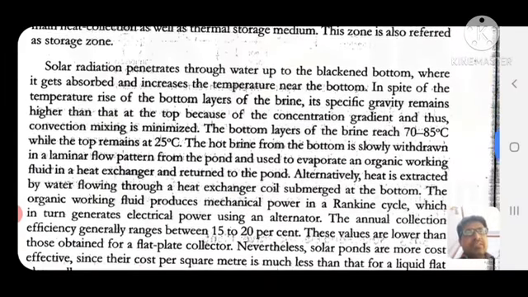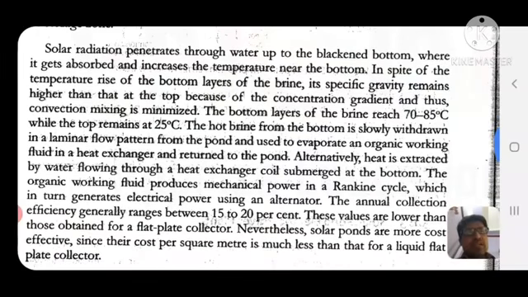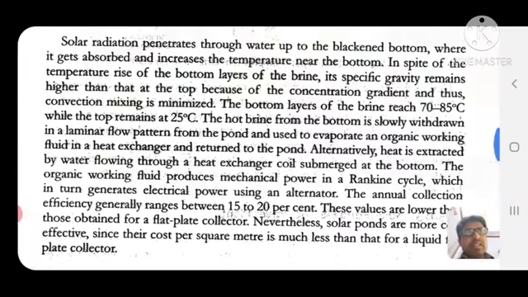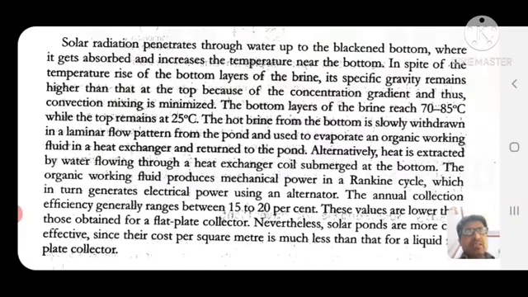Solar radiation penetrates through water up to a blackened bottom where it gets absorbed and increases the temperature near the bottom. In spite of the temperature rise of the bottom layer of the brine, its specific gravity remains higher than that at the top because of the concentration gradient, and thus convection mixing is minimized.